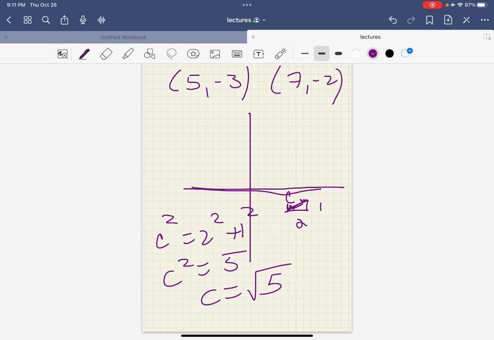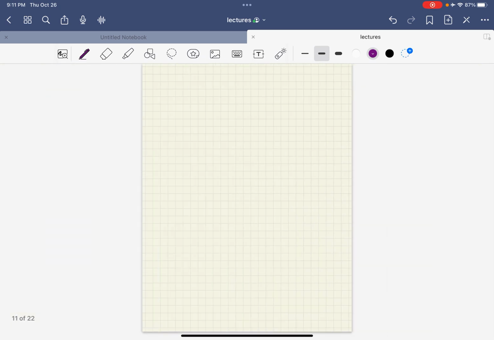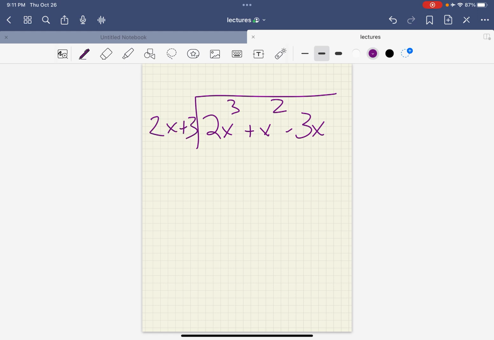Okay, number 22, divide. You do pretty good at this. 2x cubed plus x squared minus 3x, and then it'd be 0 after that, divided by 2x plus 3. So we take the 2x in there. 2x cubed divided by 2x would just simplify to x squared.